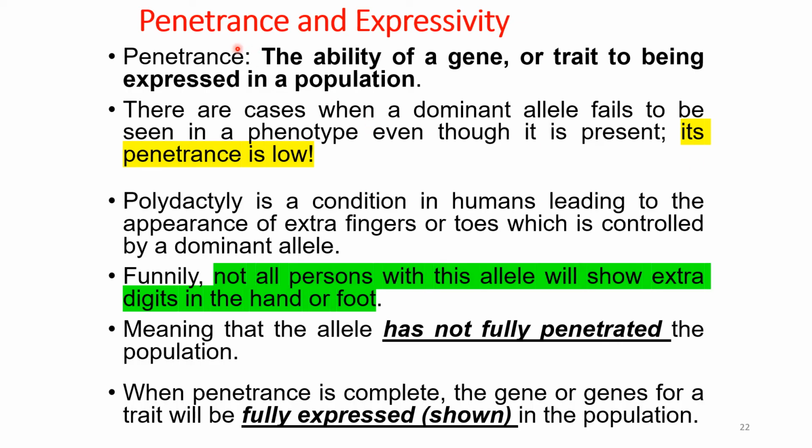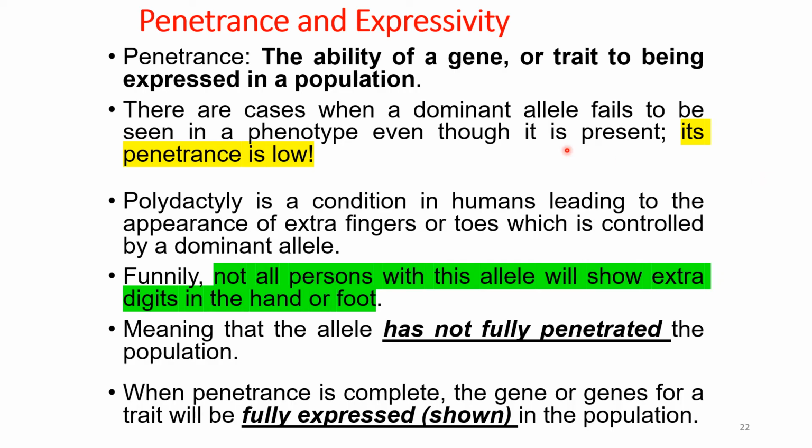Finally, we want to look at penetrance and expressivity. Penetrance is the ability of a gene or a trait to express itself in a population. When a gene or a trait expresses itself in a population, we say that it has penetrated that population.